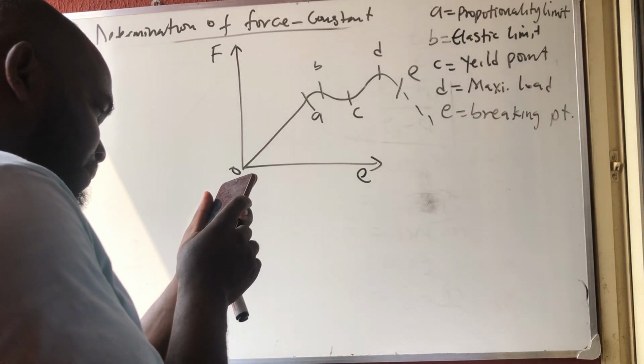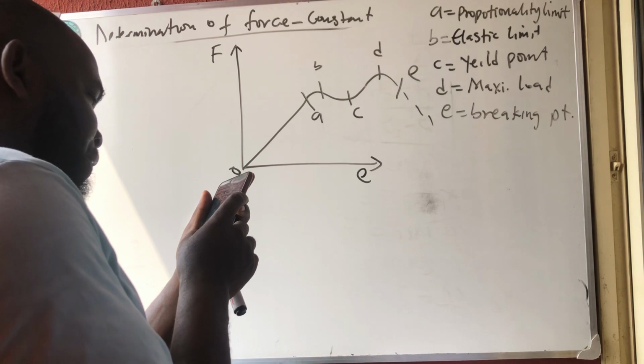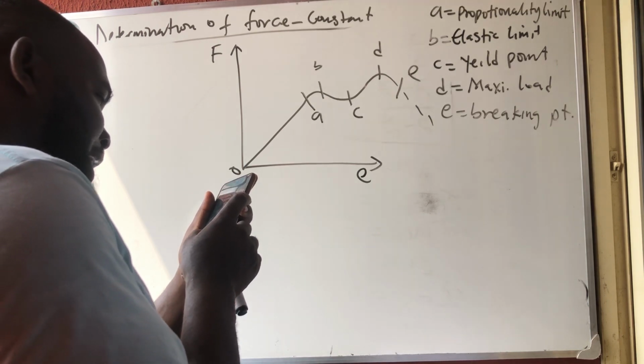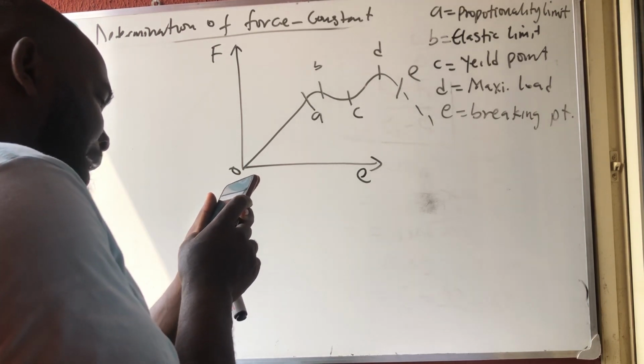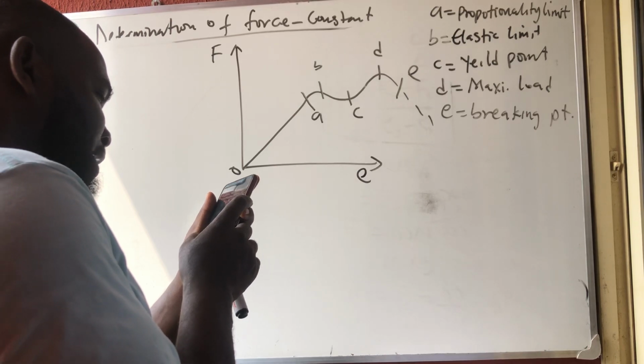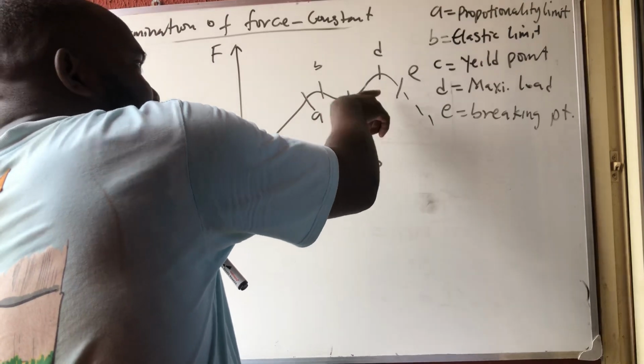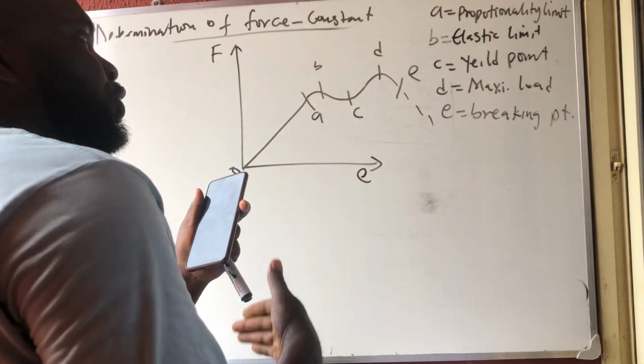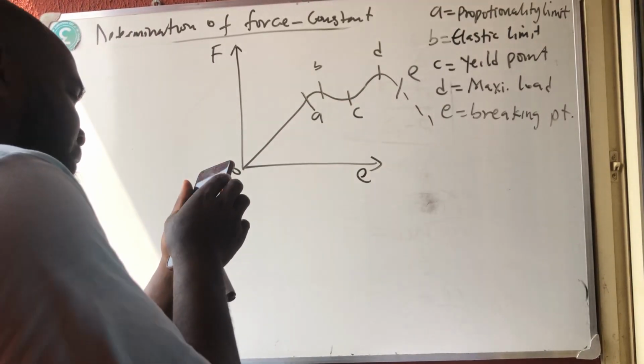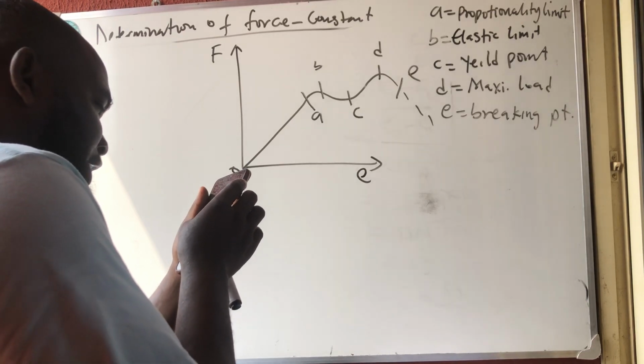Beyond the elastic limit, the material will no longer return to its original shape and size. But once you are at this limit, you have not passed it, it can still return. But beyond that limit, it can never return to its original shape and size.